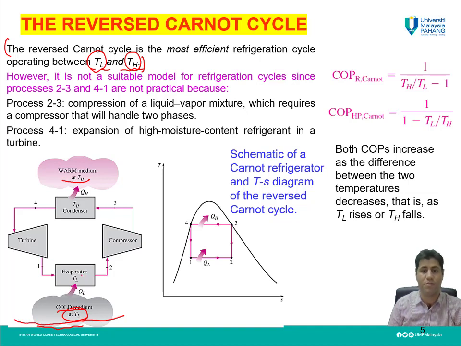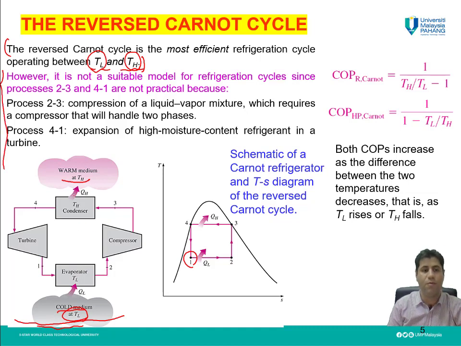Later we will discuss that more, but simply I can say that if we have this imaginary device, then we can have this reverse Carnot cycle, which starts from state 1 and goes to state 2, state 3, state 4. The states are shown in these imaginary components for our refrigerator.